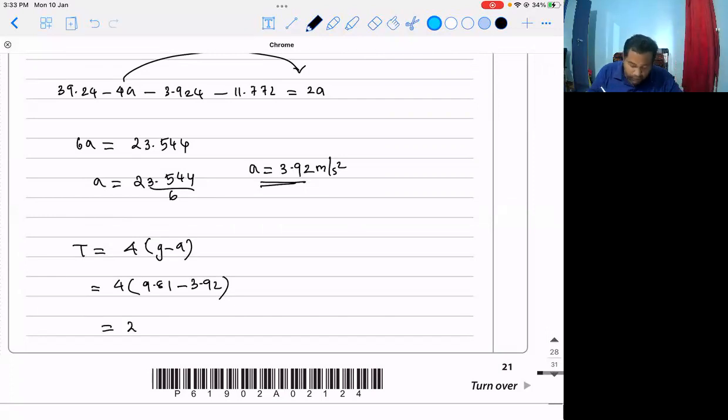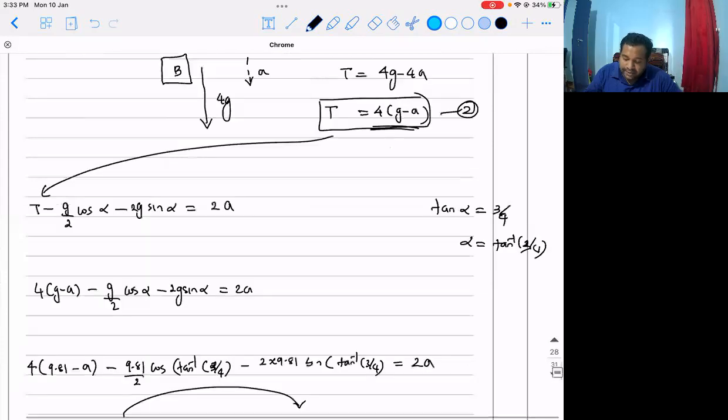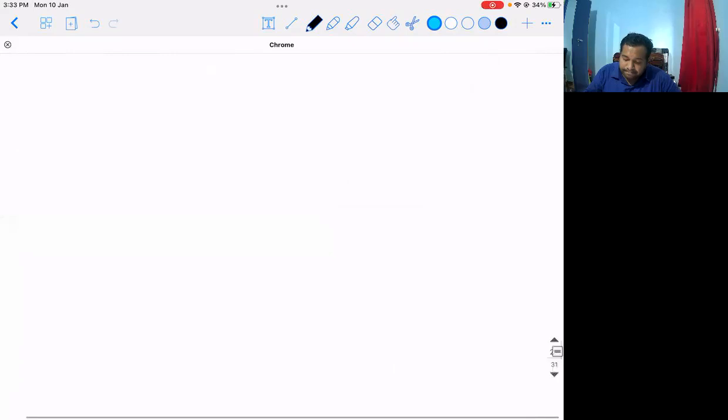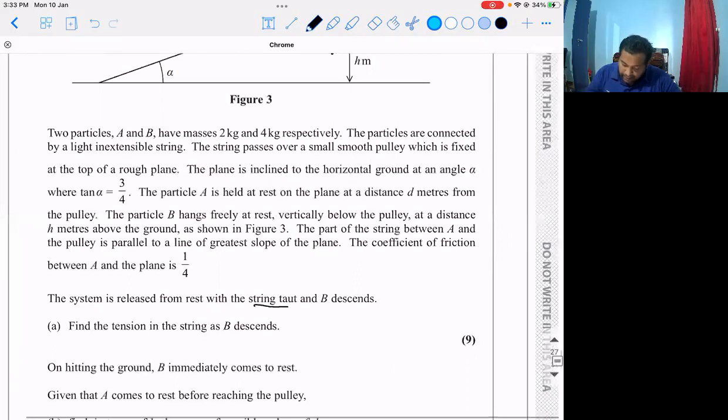That will give you 23.5 newtons. That's what they're asking. The tension is equal to 23.5 newtons. Is that clear? So that's the answer for this question. It carries 9 marks.